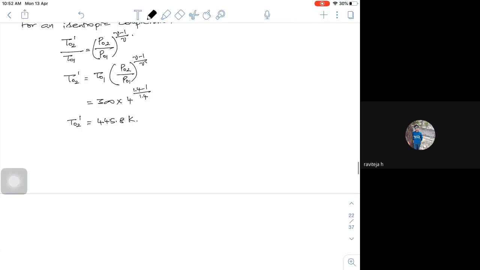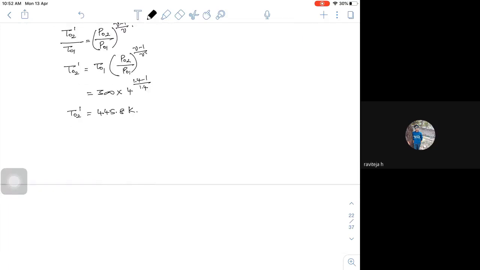And I know my compressor efficiency, which is T naught 2 dash minus T naught 1 divided by T naught 2 minus T naught 1. So 0.78 is equal to 445.8 minus 300 divided by T naught 2 minus 300.